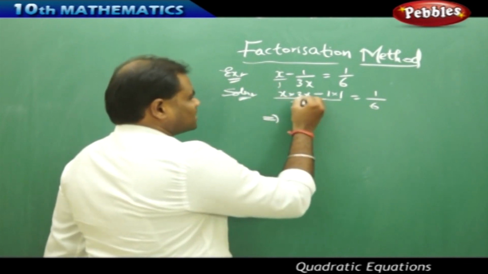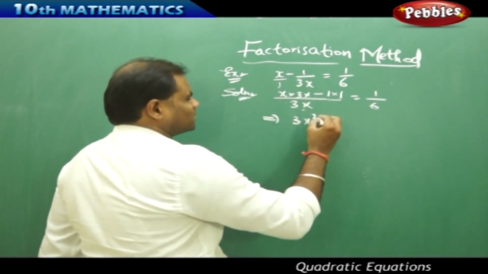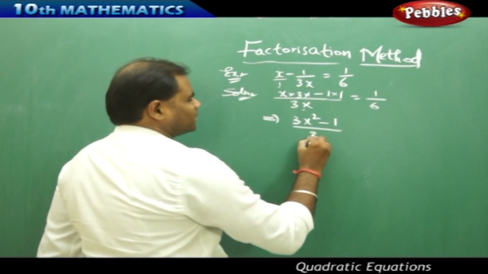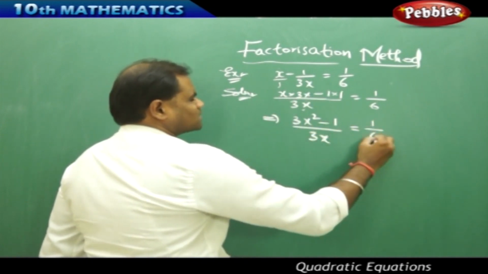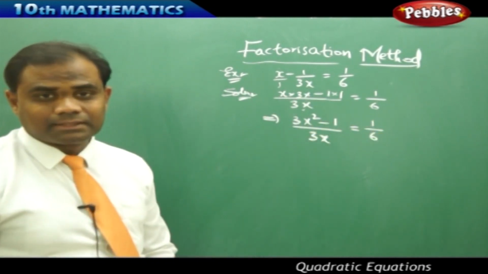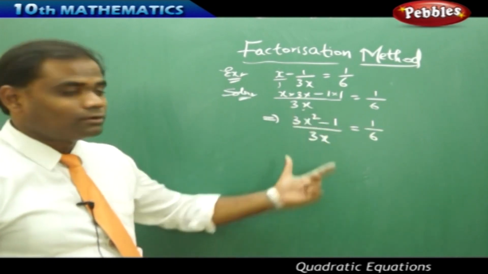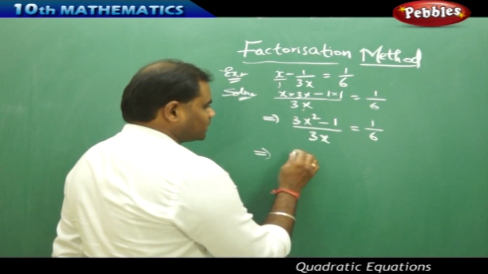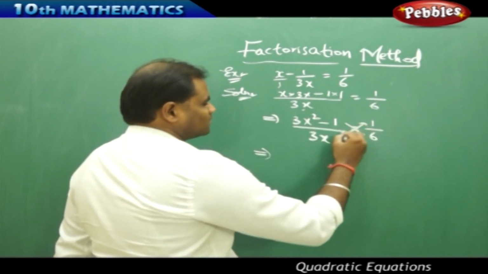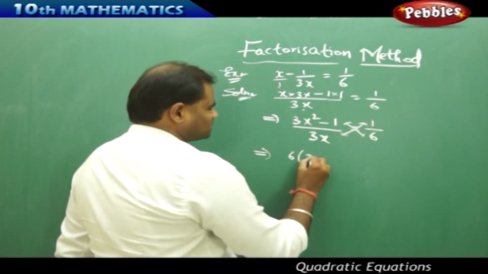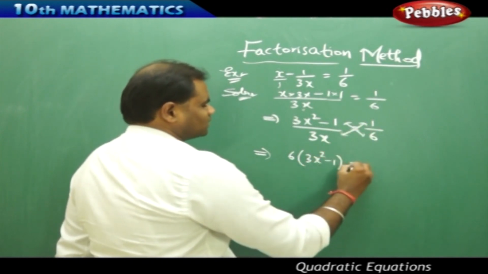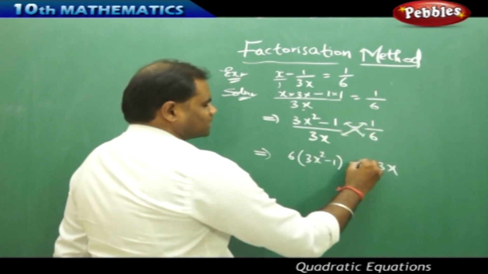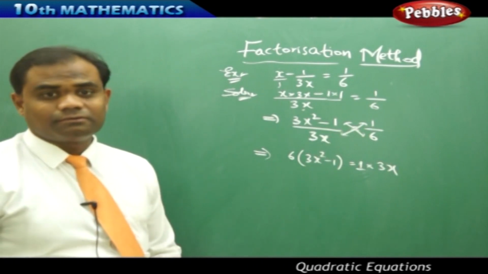Next, x times 3x is 3x squared, minus 1 over 3x, equals 1 over 6, which is the simplified form. Now, on cross multiplication, this gives me 6 times (3x squared minus 1) equals 1 times 3x, which needs to be further simplified.